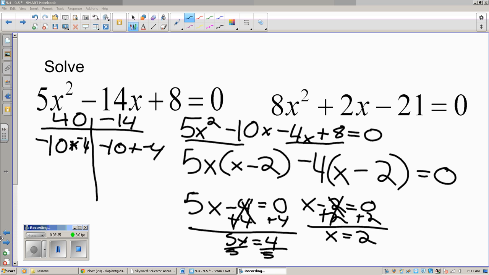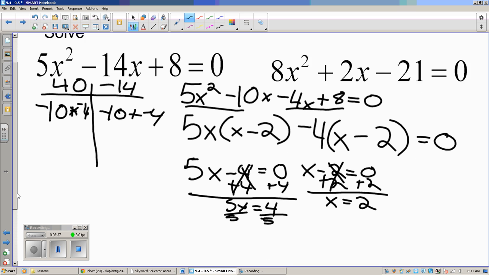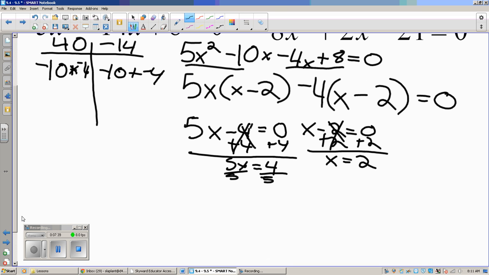You want some more room? Yeah. Here you go. X equals 4/5. So basically, like that.